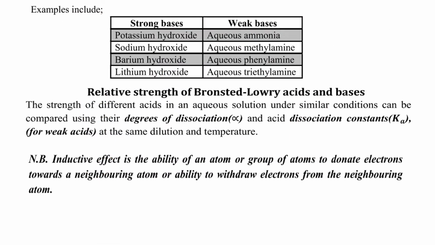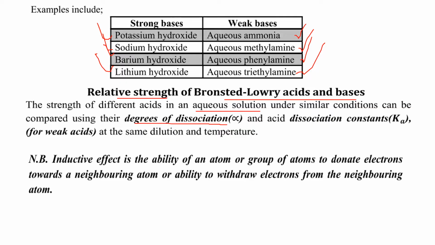As examples, under strong bases we have potassium hydroxide, sodium hydroxide, barium hydroxide, and lithium hydroxide. And looking at weak bases, we have aqueous ammonia, aqueous methylamine, aqueous phenylamine, and aqueous triethylamine. Now looking at the relative strength of Bronsted-Lowry acids and bases: the strength of different acids in aqueous solution under similar conditions is going to be predicted by their degrees of dissociation.